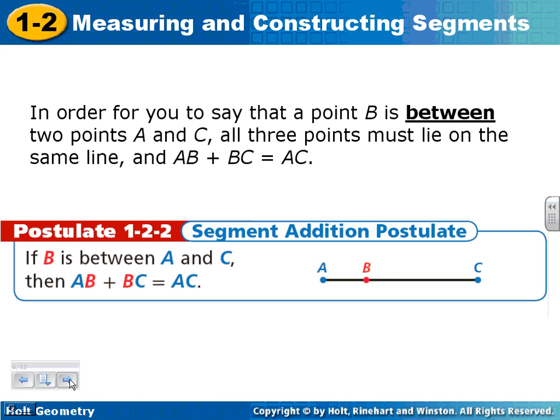So if point B is between A and C, then the length from A to B plus the length from B to C must equal the whole length. Kind of intuitively obvious, but that is a postulate in geometry.